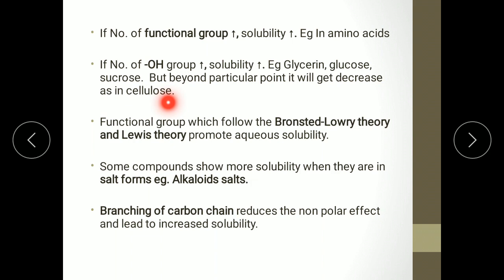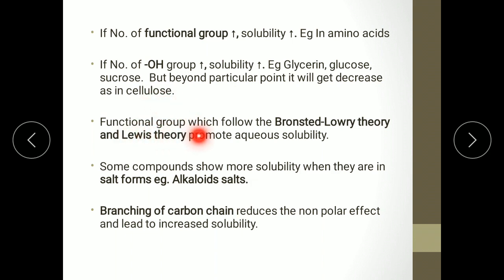Now cellulose is a polysaccharide which contains many hydroxyl groups. Apart from that many hydroxyl groups, cellulose is insoluble in water. So this is the exception: where the number of hydroxyl groups increases, solubility increases, but cellulose is the exception.